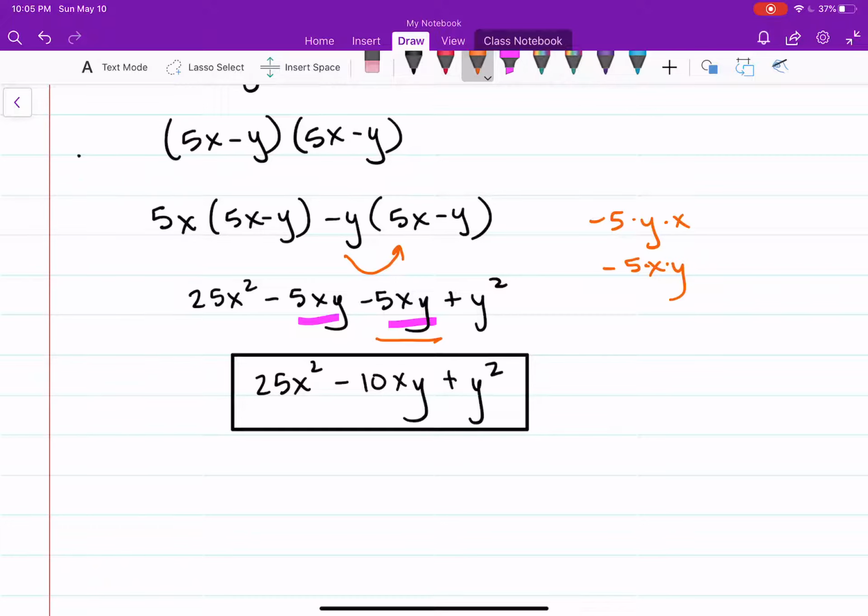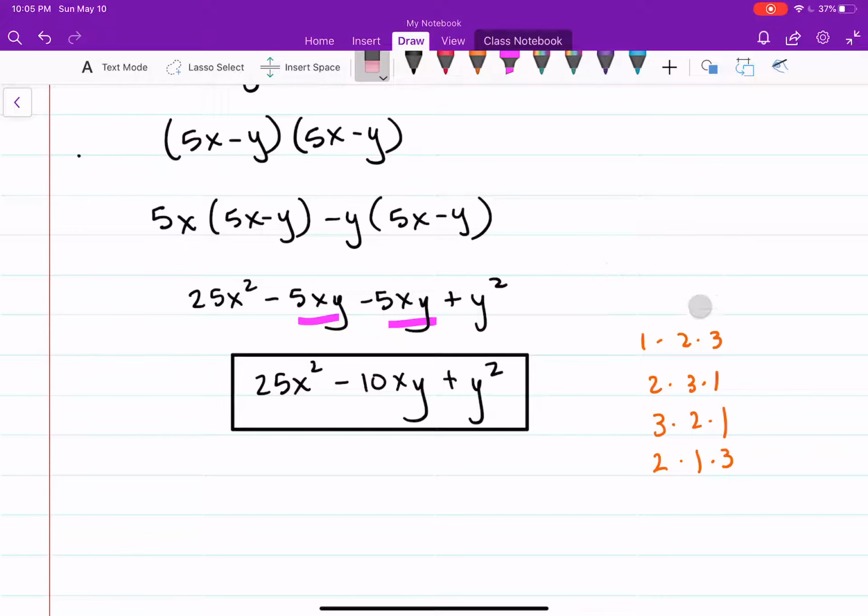Because if I did 1 times 2 times 3, is that the same as 2 times 3 times 1, or 3 times 2 times 1, or 2 times 1 times 3? Those are all the same. That is called the commutative property, okay? So that's the reason why you got the negative 5xy.